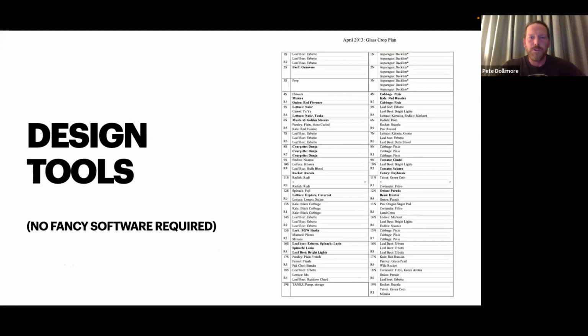So looking at some design tools, on the side there is an example of one month in the glasshouse at Hankham in April. And conveniently, it fitted on an A4 sheet. That's really like a bird's eye view of the glasshouse, but it's also a table.